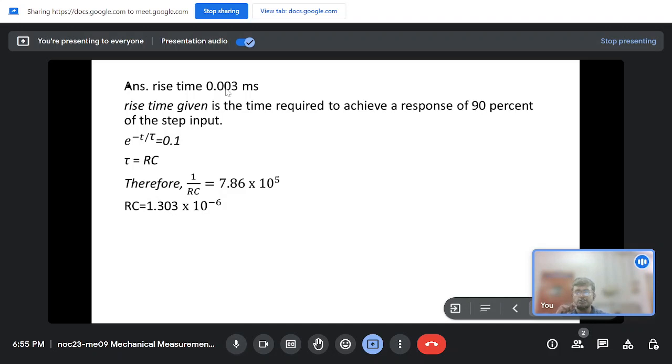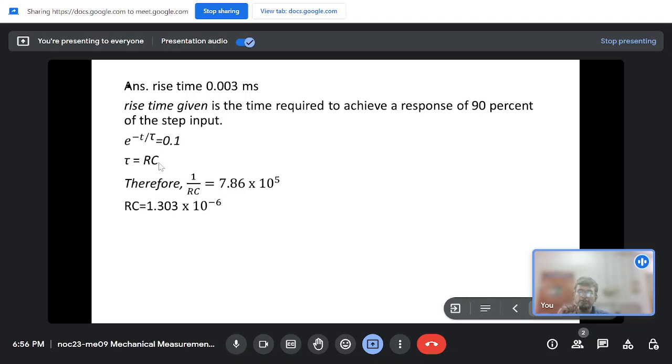So we know that for a first order system, e to the power minus t by tau equals 0.1. So that is, the remaining will be 10%. So this is the behavior of the first order system, and we know that tau is RC. So the time constant is resistance into capacitance. That is the time constant which we have to calculate.